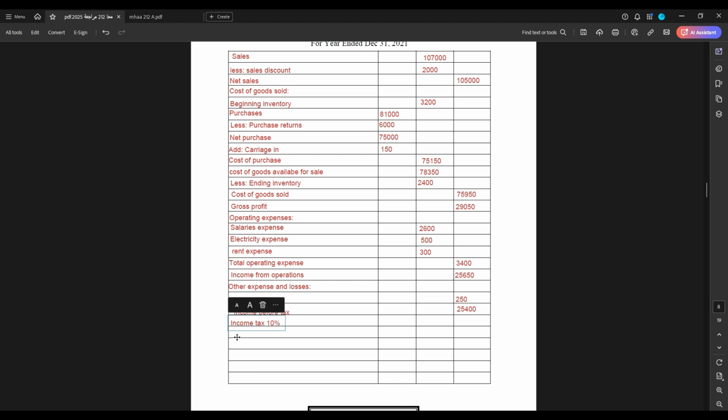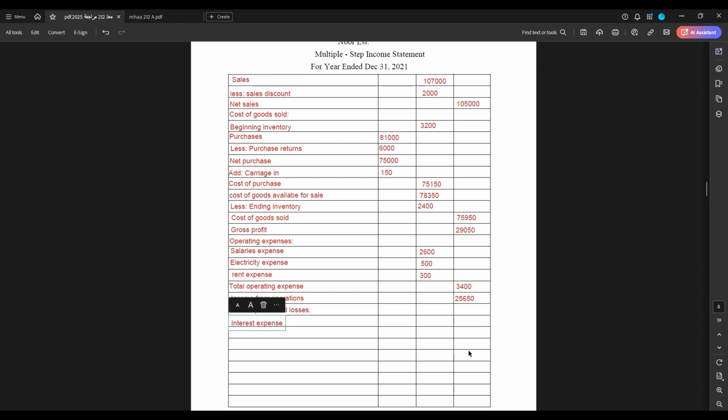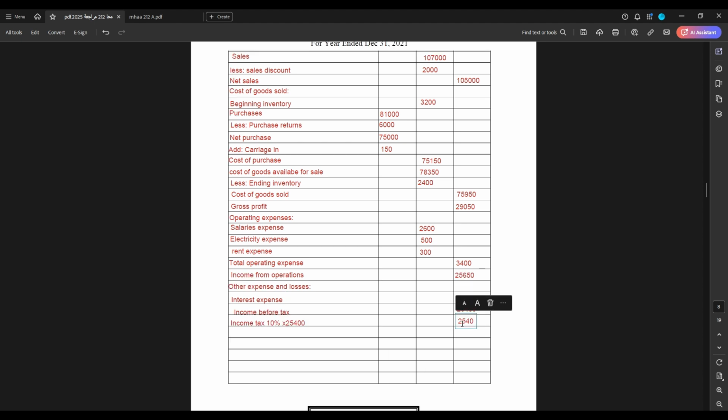So we have to multiply 10% by 25,400, which will give us 2,540. So we'll deduct 25,400 minus 2,540 will equal 22,860. This will be our net income.